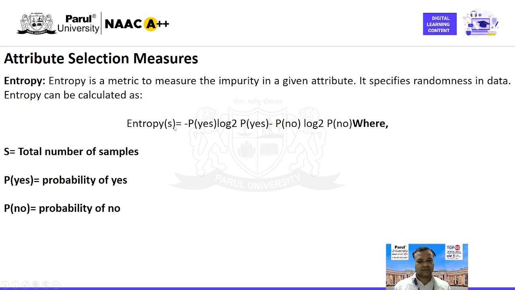Entropy of S is equal to minus probability of yes log base 2 probability of yes, minus probability of no log base 2 probability of no, where S is the total number of samples, P of yes is the probability of yes, and P of no is the probability of no.